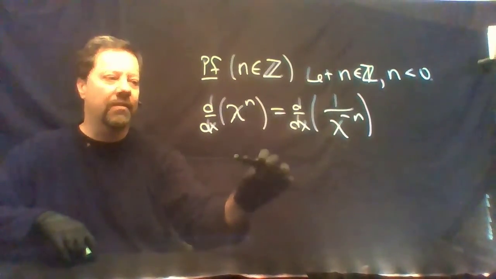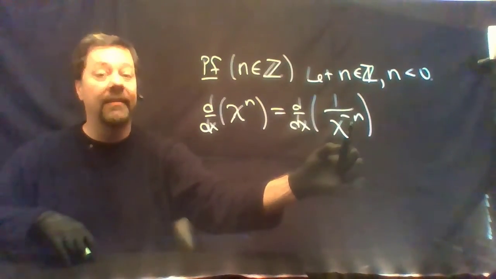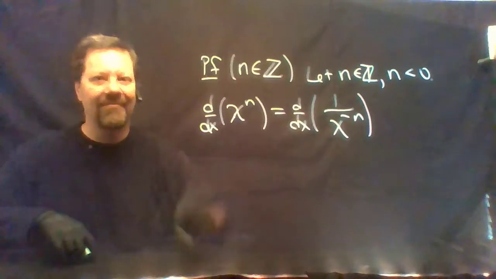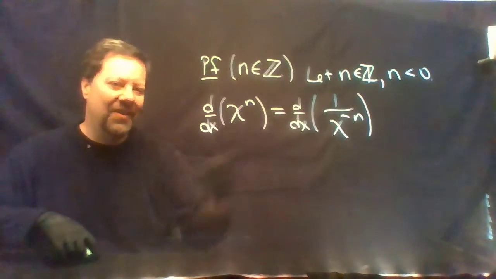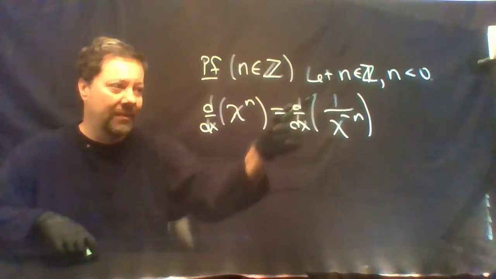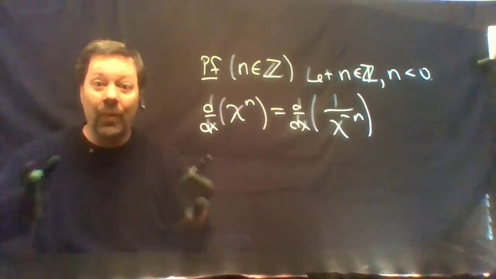I'll shove this across the division symbol. If n is negative, then negative n is positive. So we can take the derivative of that, but now it's in the denominator. The only way to calculate the derivative now, since this is a quotient, is to use the quotient rule.